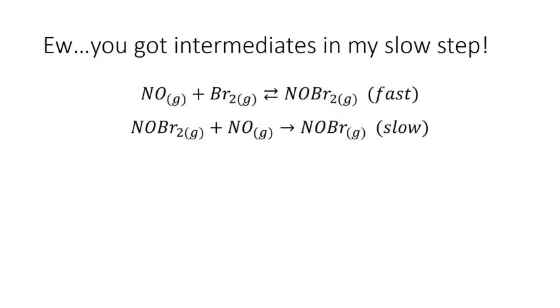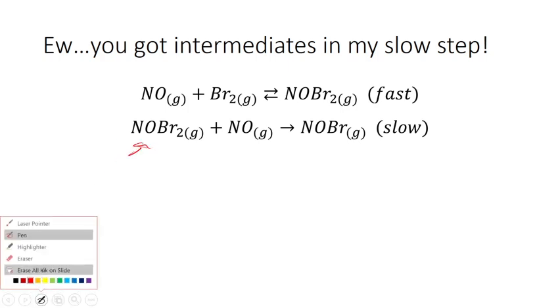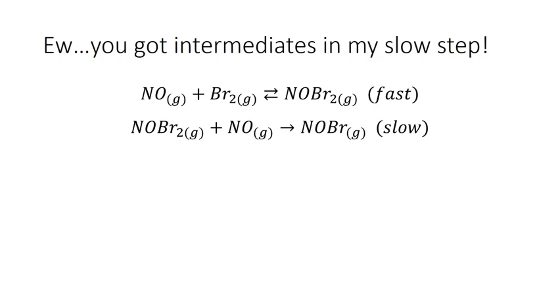So we take a look at a mechanism where the first step is fast, and the slow step, unfortunately, involves an intermediate. So we're going to define some reaction rate constants and write some rate laws.